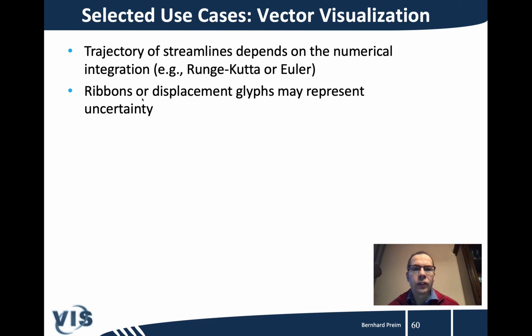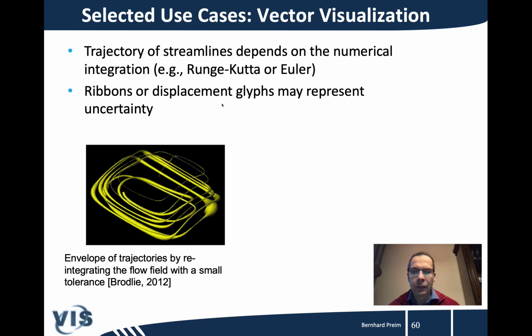It would be interesting to show streamlines along with the uncertainty that is just based on the numerical integration. There may be further uncertainty based on the underlying raw data and the processes to collect them. So here we just think about the further uncertainty introduced in the numerical integration process. Stream ribbons or displacement glyphs, for example, can be used to represent the uncertainty.